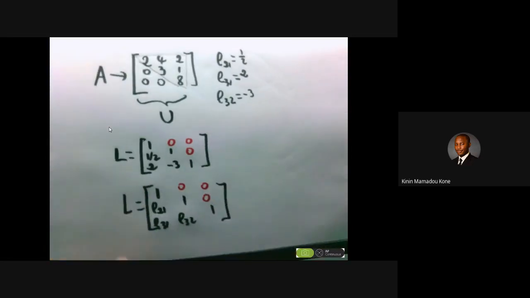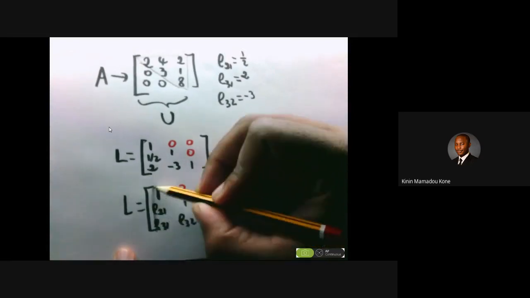So as you can see, this is the upper triangular matrix, and this one is a lower triangular matrix.